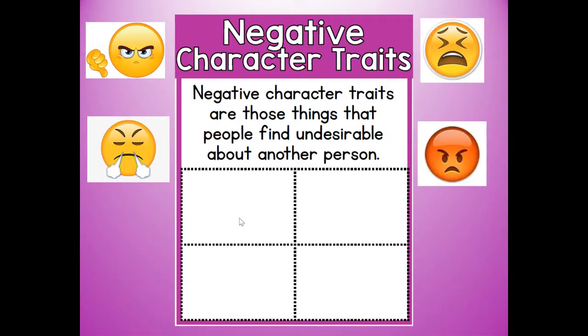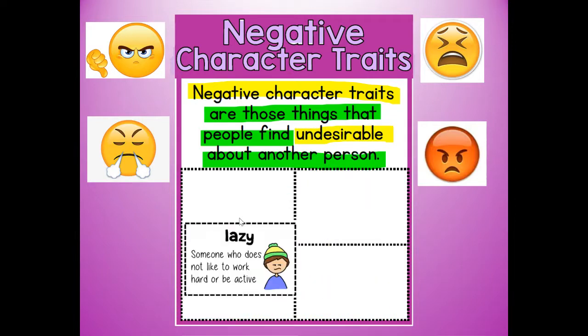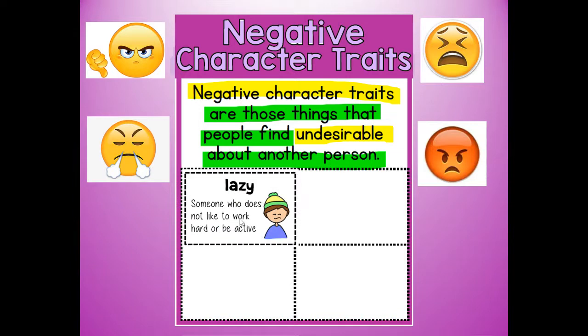And in the story, the character traits we see are mostly negative character traits. Just like you see in these pictures, negative character traits are those things that people find undesirable about another person or animal. For example, a character might be lazy, someone who does not like to work hard or be active.